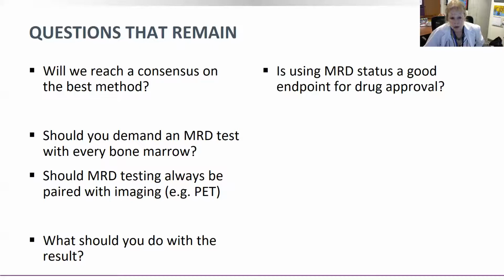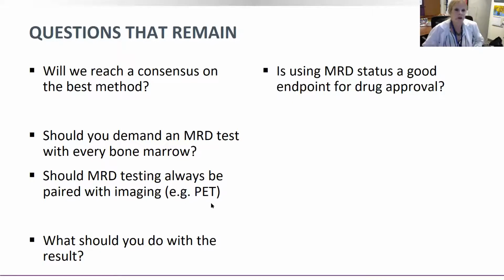Once the people on the transplant arm and the chemo arm stopped their maintenance after 1 year, they actually had a relapse rate as well as an MRD positivity rate that went way up. So we don't think that would be a good use of MRD testing to say after a year of maintenance, for example, that would be fine to stop at that point. I think maybe we'll get to that point in the future, but we're not there yet.